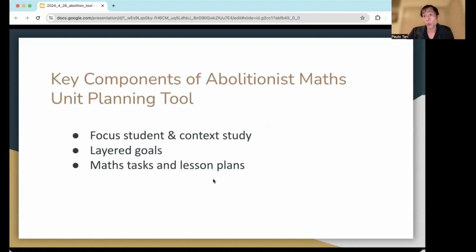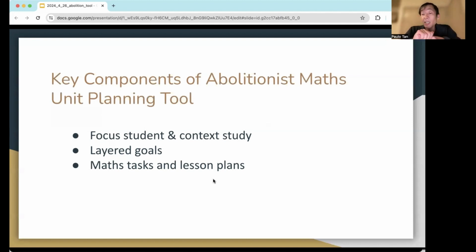So the tool, here it is. It's really not fancy, it's just really a different way of thinking. Like, how do we approach unit planning? There are three components of the unit planning tool. One component is the focus student and their context.